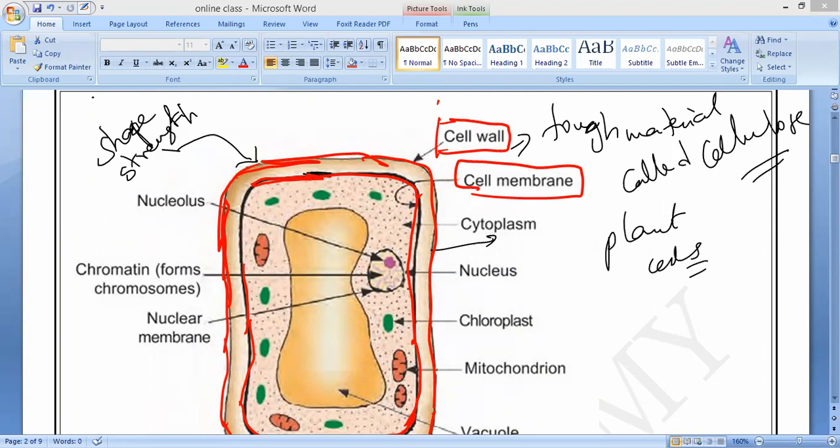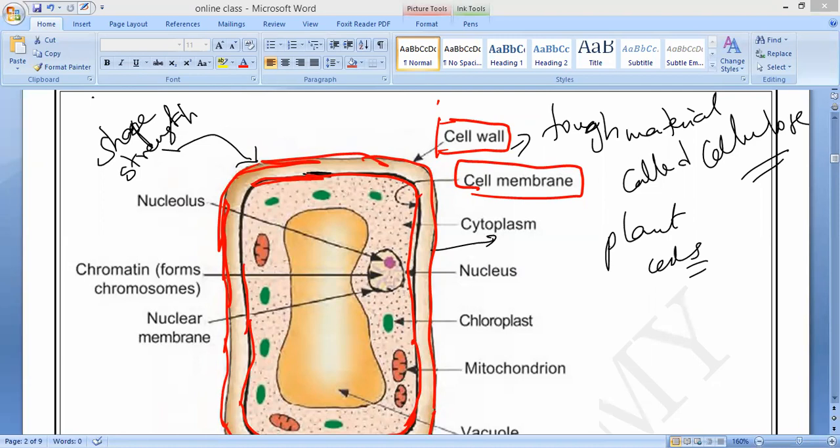Cell wall. They may also ask: the only non-living part which is not present in animal cells. What is that? The non-living part not present in animal cells is the cell wall only. Like this, the questions will come.